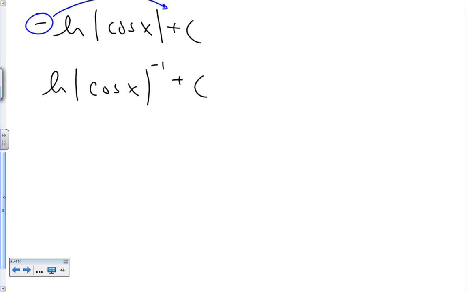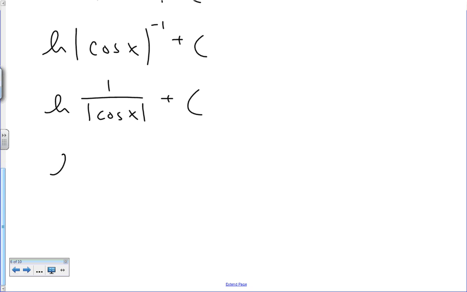So I can rewrite this as the ln of 1 over the absolute value of the cosine of x plus c. Of course, if I have 1 over the absolute value of cosine of x, that's the same as the absolute value of the whole quantity here, because 1 is the same as the absolute value of 1. So I can rewrite this as the absolute value of 1 over cosine of x, that whole quantity, plus c.